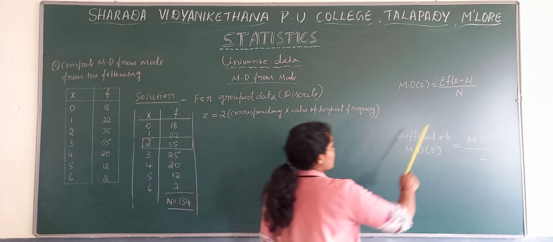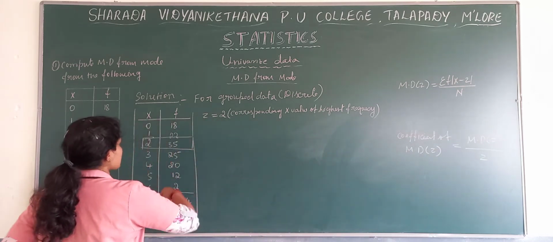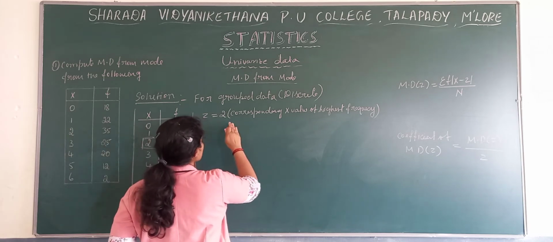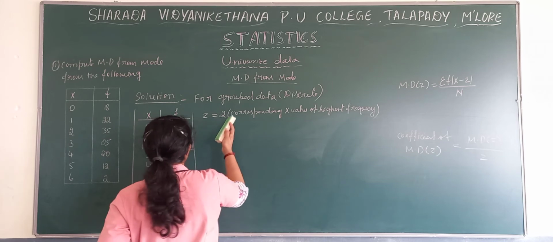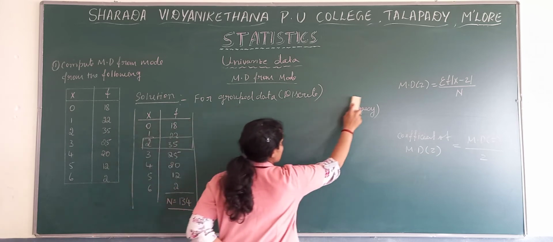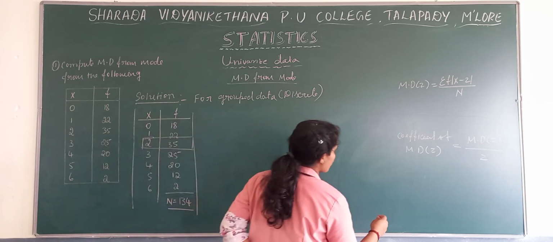Then find the column modulus x minus z. Now it's better to write a bit up, otherwise it is difficult for the calculation. Or else we will write it here, what is the value of mode.